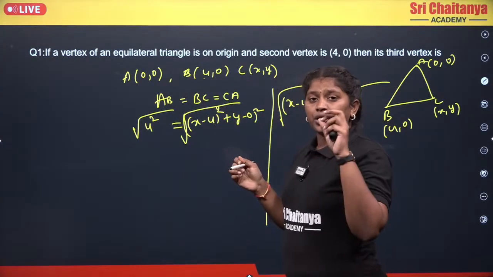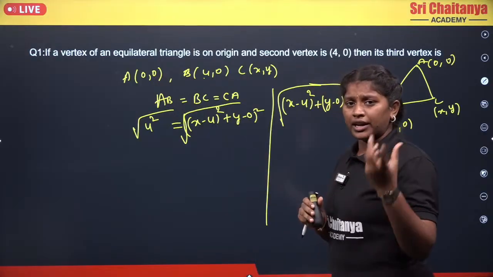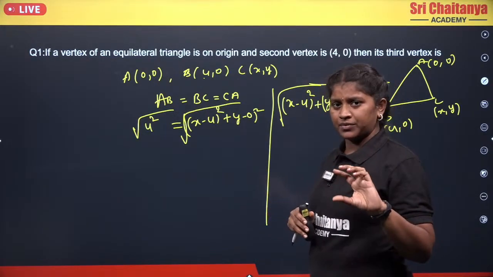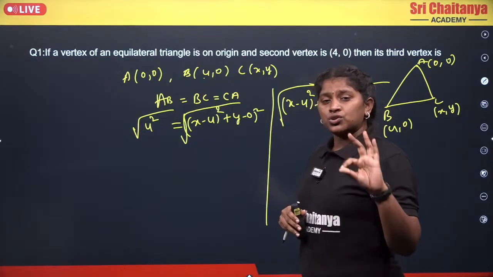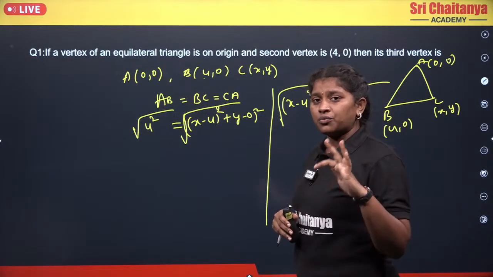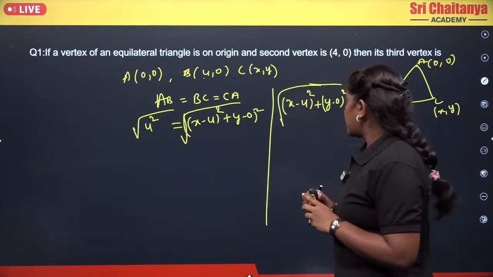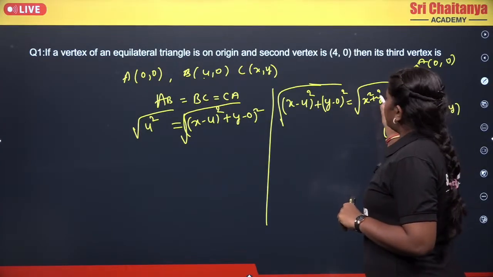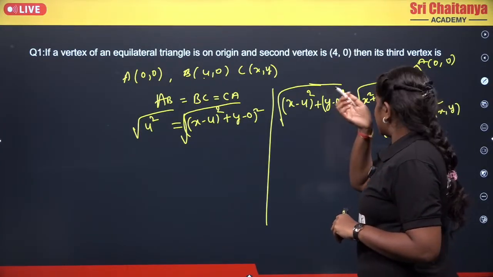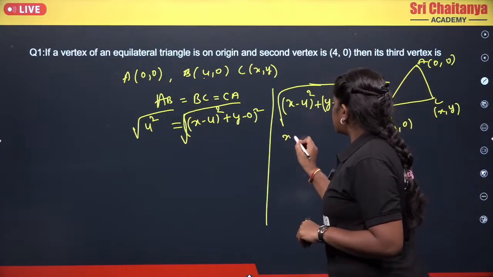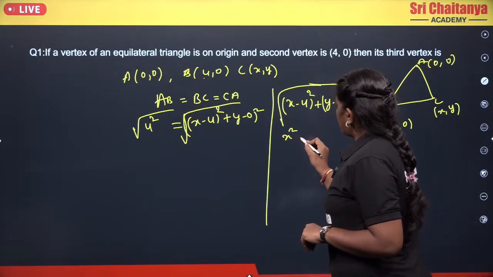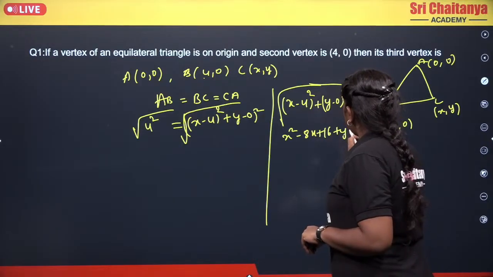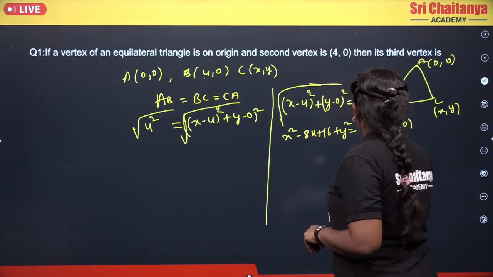So whatever the order you take, you will get the same value, like you can take your AC or CA. But you should be very clear about the coordinates, what values you are considering. Now coming to here, it will be x square plus y square. Now squaring on both sides, x square minus 8x plus 16 plus y square equals x square plus y square.